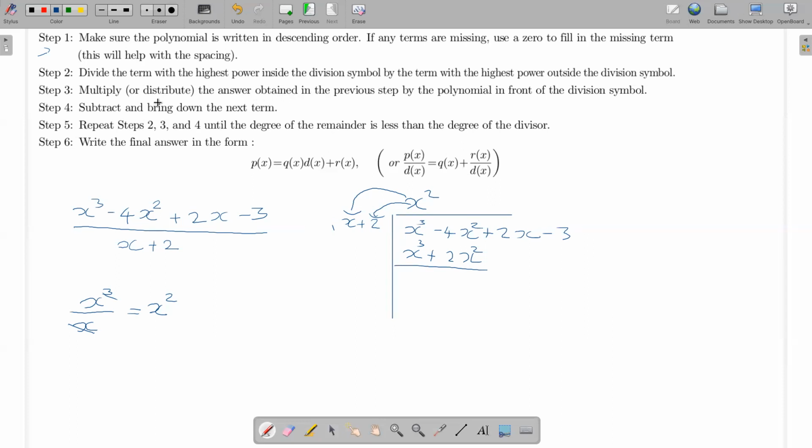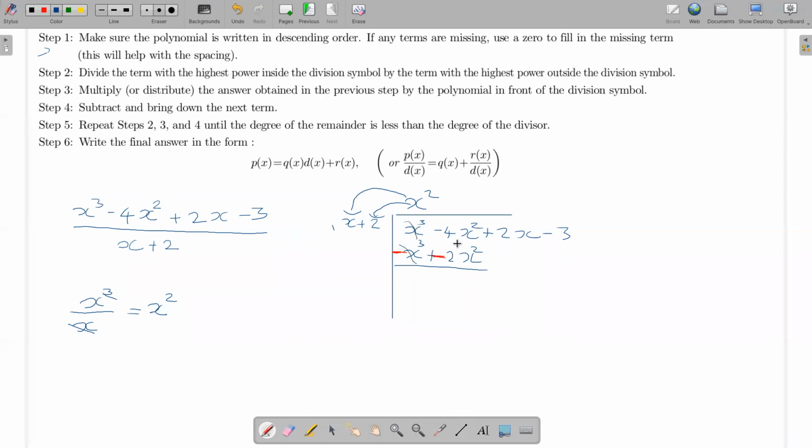Then step 3, multiply. Writing the product here is step 2. Then subtract, which means these signs will become opposite, negative. Because I'm subtracting, x cubed minus x cubed cancels out, the highest term.